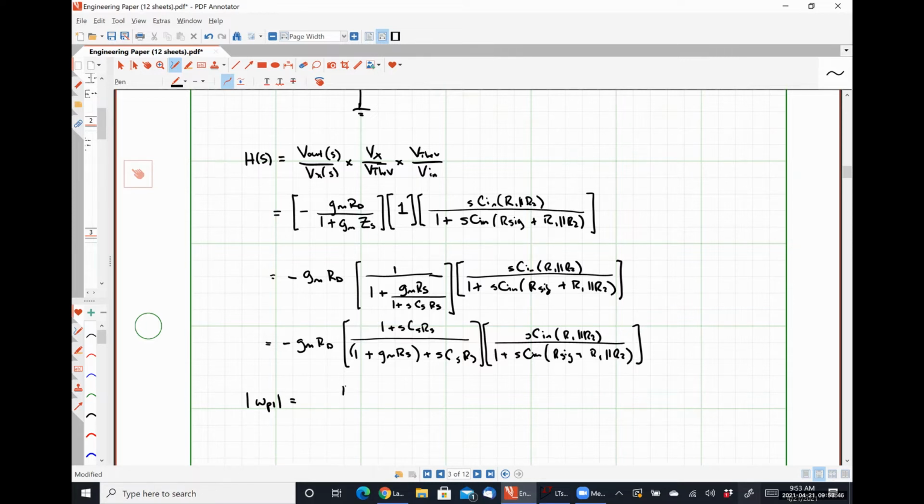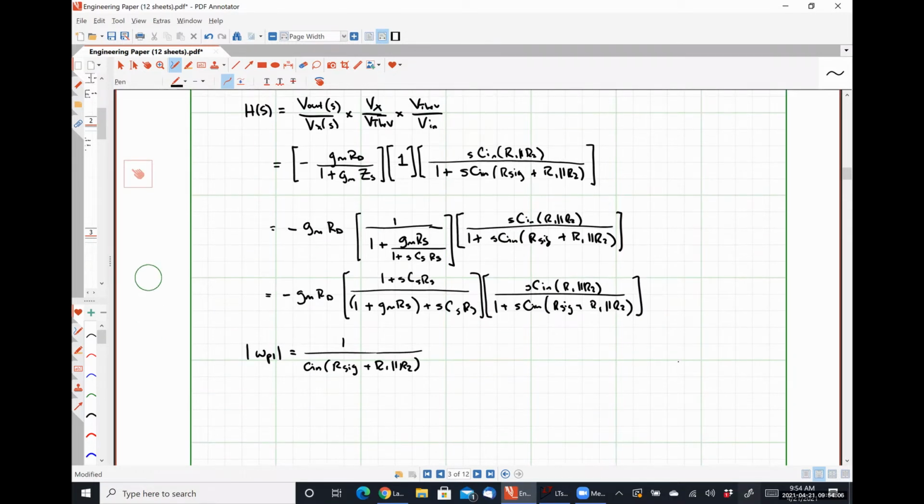I'm going to have one at 1 over Cn times R sig plus R1 in parallel with R2. I'm just doing that by inspection based on my previous definition.